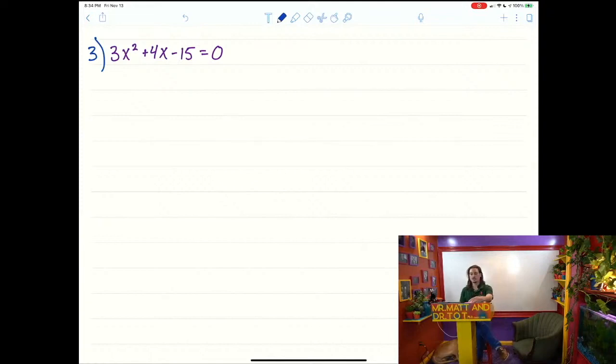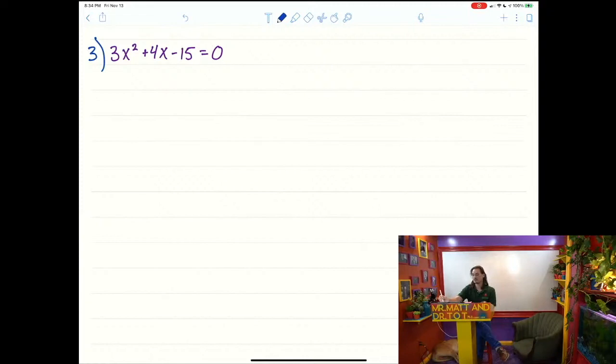Okay, so in 3x squared plus 4x minus 15 is equal to 0, a is equal to 3. That's pretty easy because 3 is a prime number, so it only has two factors, one and itself. A times c, however, would be 3 times 15, which is going to be 45.